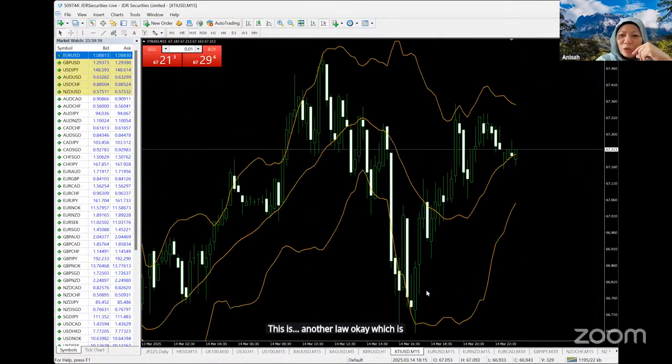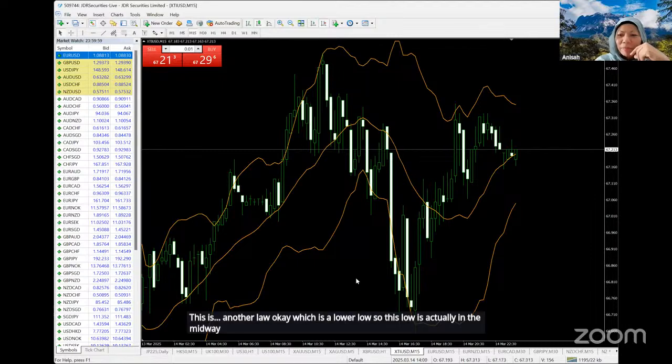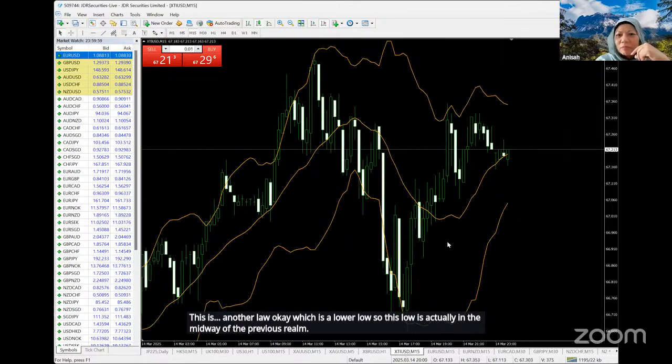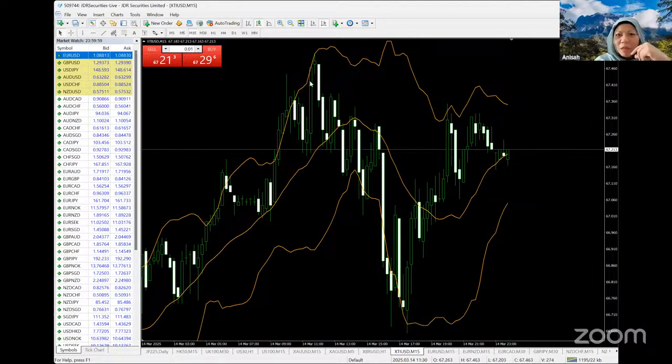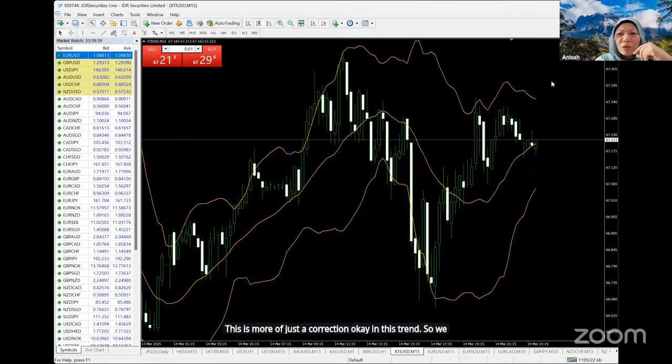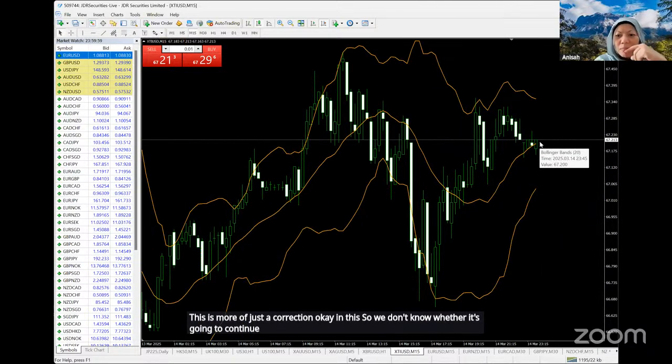So this low is actually in the midway of the previous trend. This is more of just a correction in this uptrend. So we don't know whether it's going to continue.